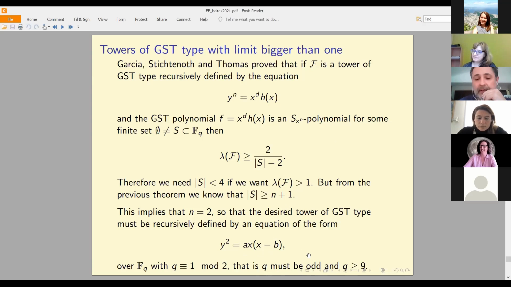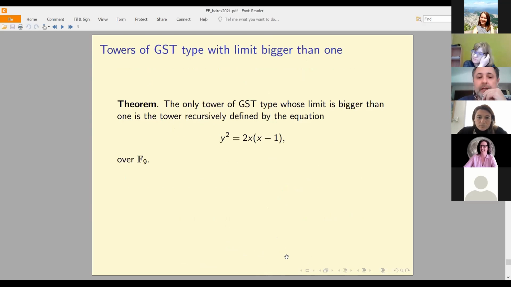So what we can prove, with the quadratic equation, after a lot of manipulations, is this result. The only tower of Garcia, Stichtenoth, and Thomas satisfying this condition is this one here, y squared equals 2x times x minus 1, and it has to be over F9.